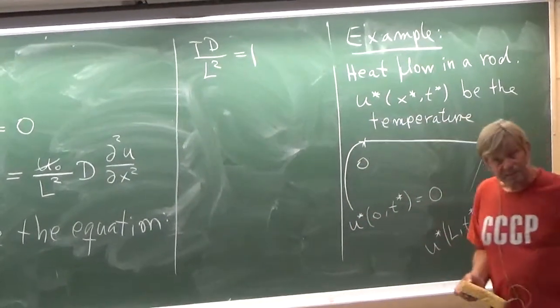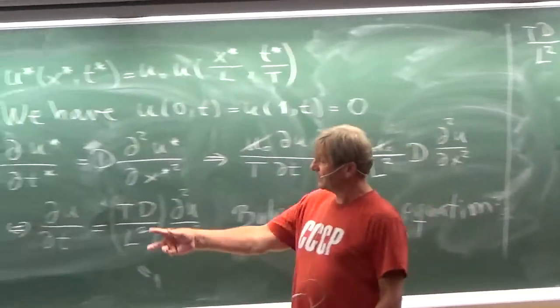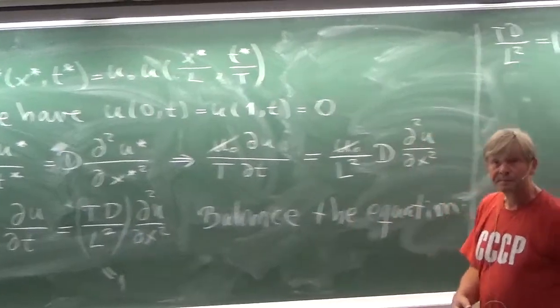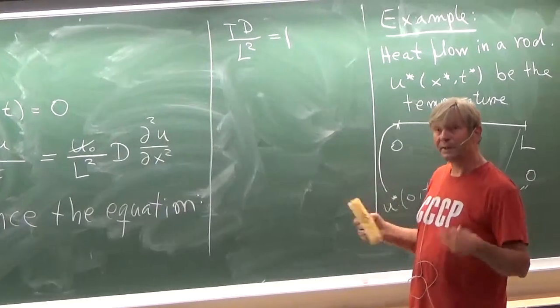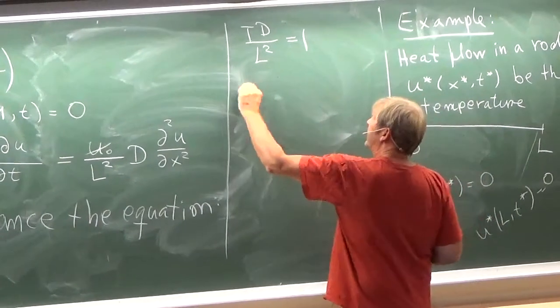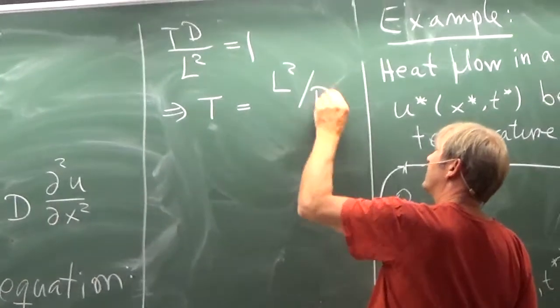It's a dimensionless number, because everything here is dimensionless, so this has to be dimensionless, or else it won't be dimensionally correct. And that gives the time scale, L squared divided by D.